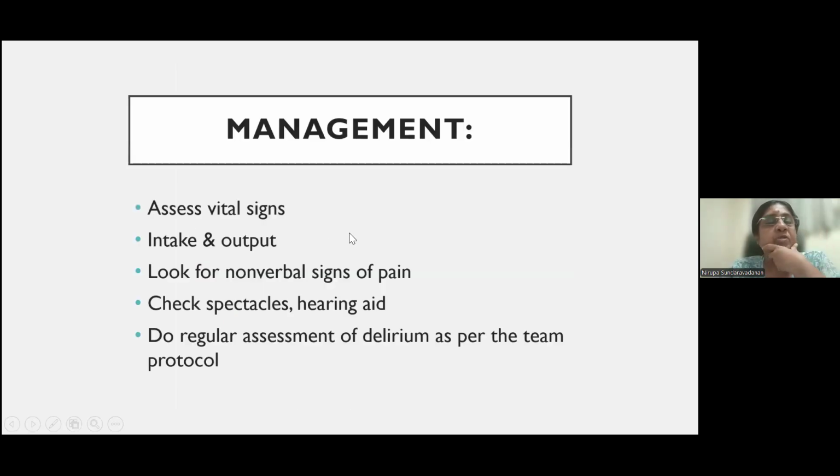So, what to do when you see someone who's getting delirious? Assess vital signs, including the temperature, check their intake and output, also the stool chart. Have they been opening their bowels regularly? Look for non-verbal signs of pain.